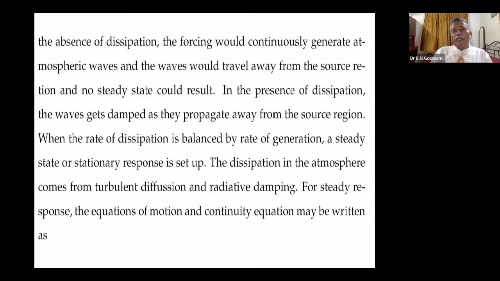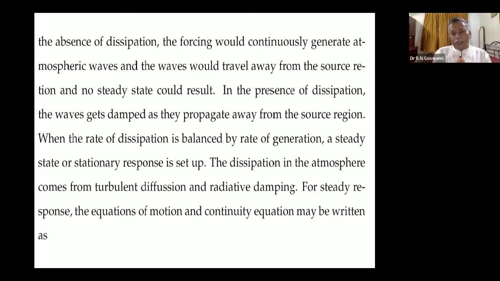If there is no dissipation, the forcing will generate perturbations. These perturbations will produce the waves that are allowed. Those waves will propagate out of the forced region, and if there is no dissipation, they will continue to propagate. There will never be a steady state.